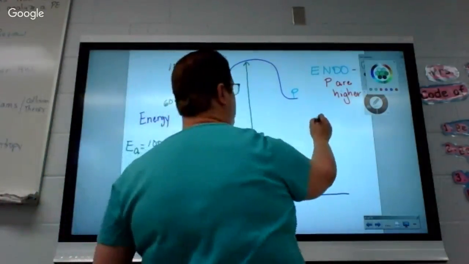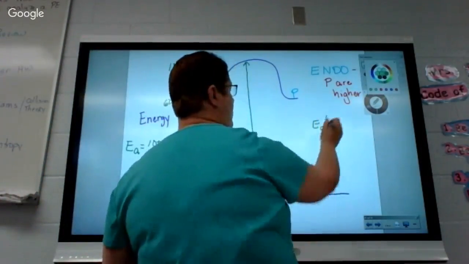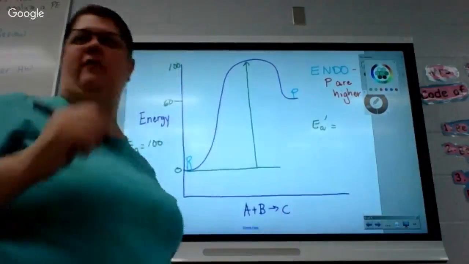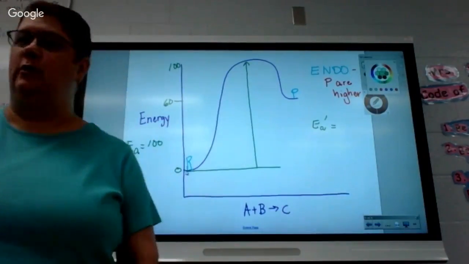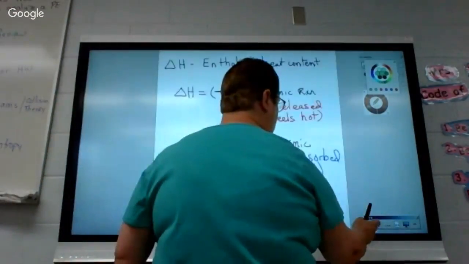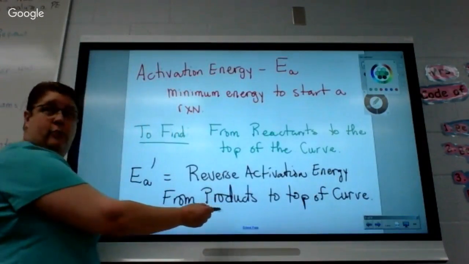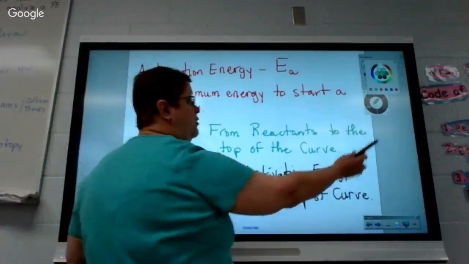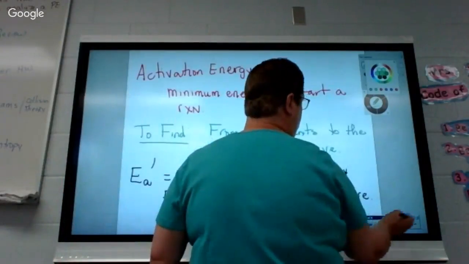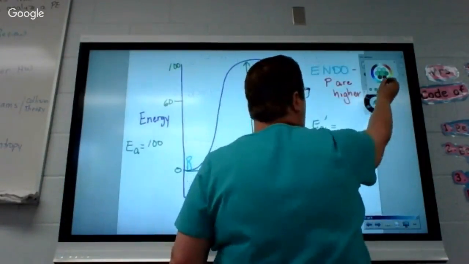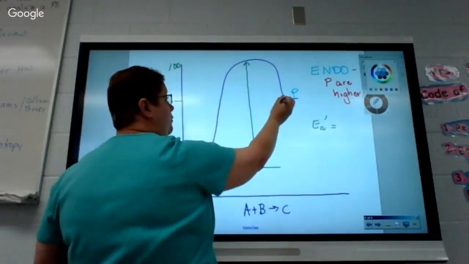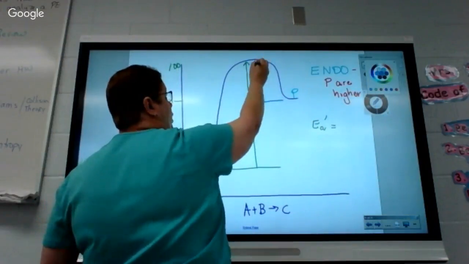My EA reverse. EA reverse starts at where? If I cruise back to my notes, EA reverse has to start where and go to where? My products are here, and I'm going to the top of the curve.